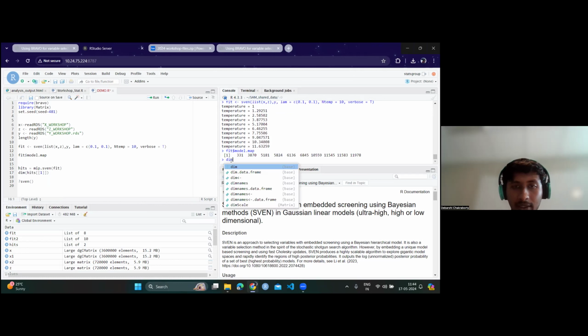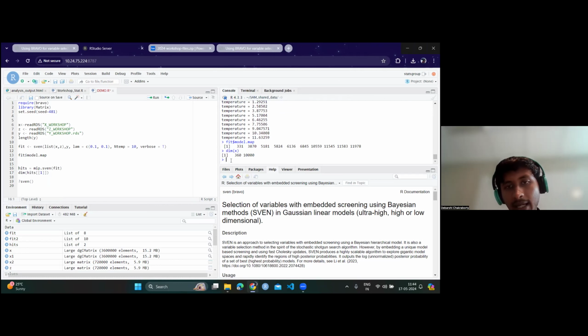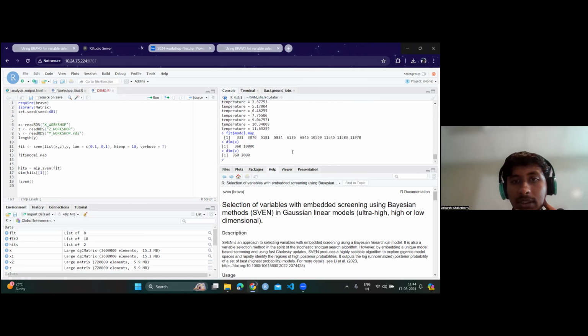Our X had 10,000 columns, and our Z had 2,000 columns, the data we used for this workshop. So these are the SNPs which are selected, that's the column numbers, and these are the genes that are selected. Similarly, we can do it for the weighted average model.